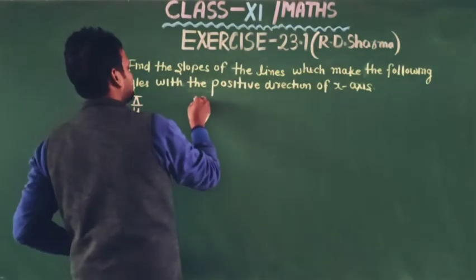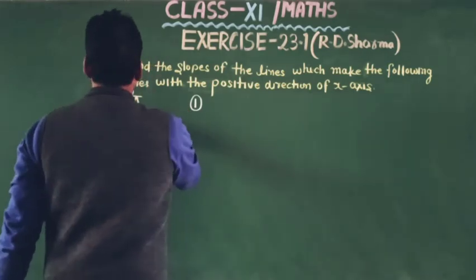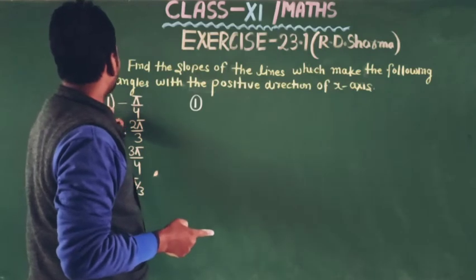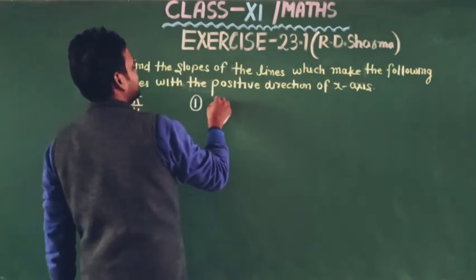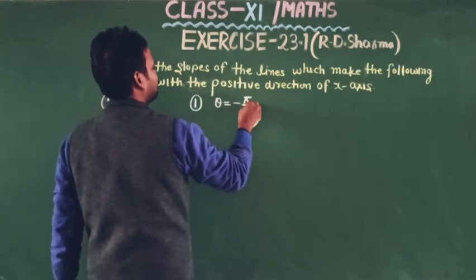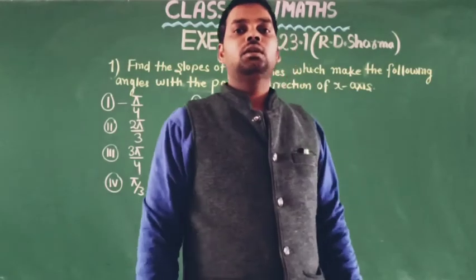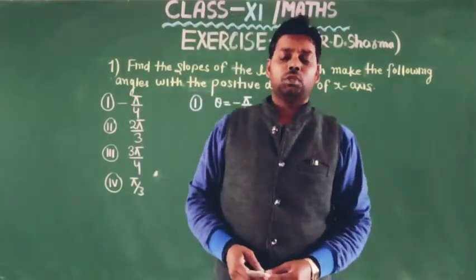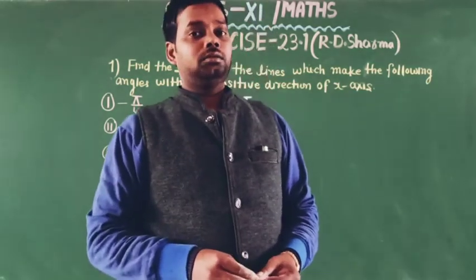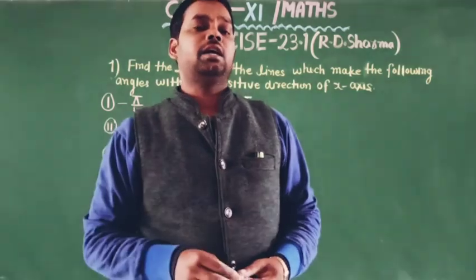First part: the angle theta is given as minus pi by 4. Now recall the previous discussion. The slope of a line that makes an angle theta is m equal to tan theta.